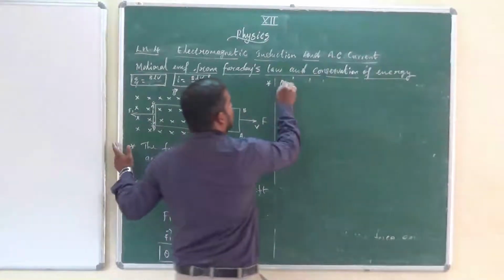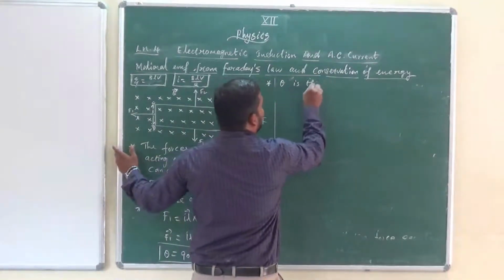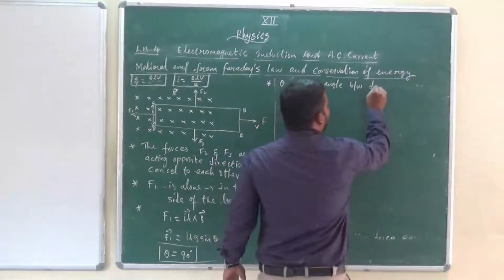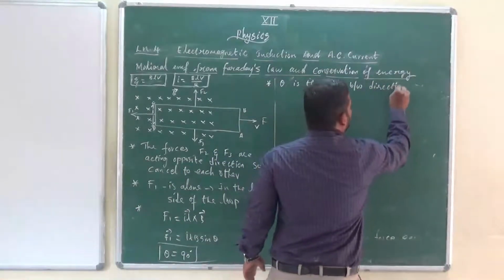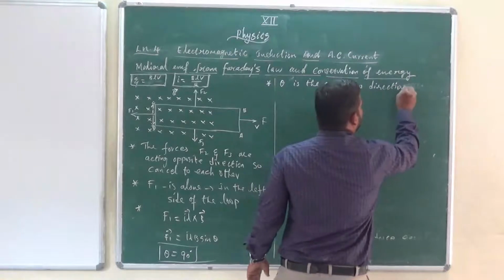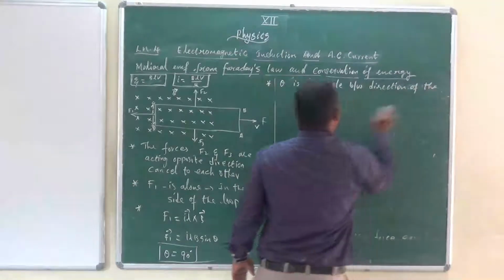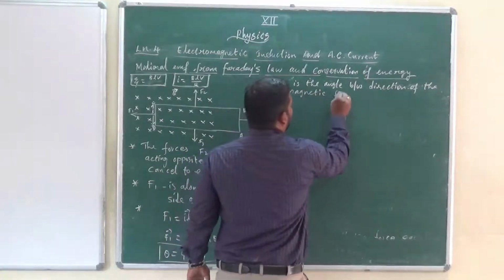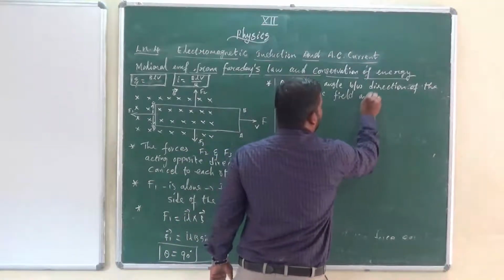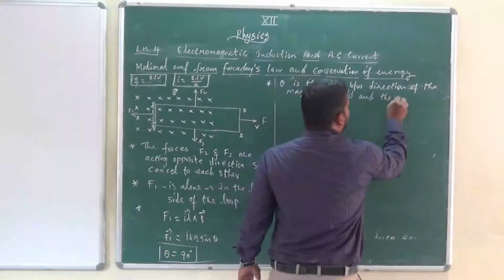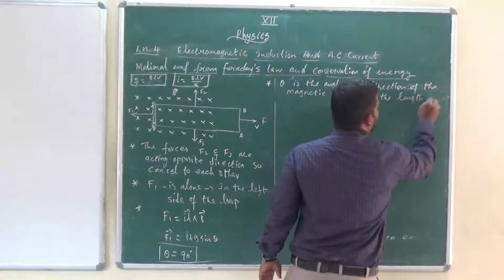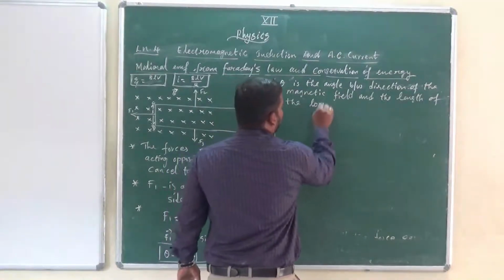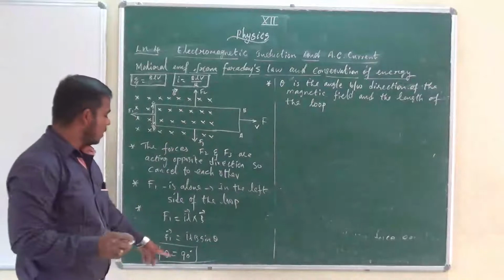So what is theta? Theta is the angle between the direction of the magnetic field and the length of the loop: 90 degree.